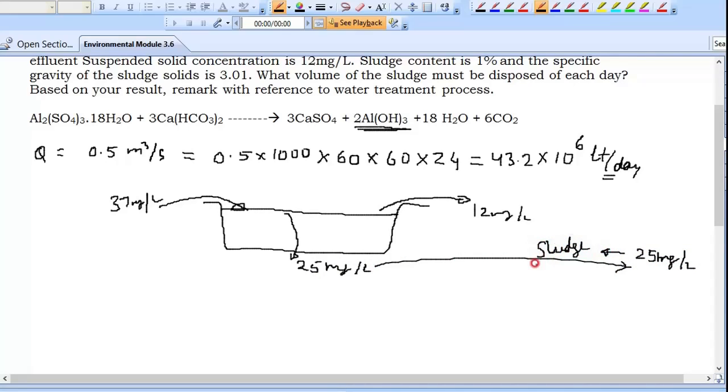But here, if it is a sedimentation tank, this much is enough. But it is not plain sedimentation. It is a coagulation aided sedimentation tank. Therefore, when we add alum here, it will also produce some sludge, that is a floc, that is your aluminum hydroxide. Therefore that also settles down. But what is this quantity that I want?